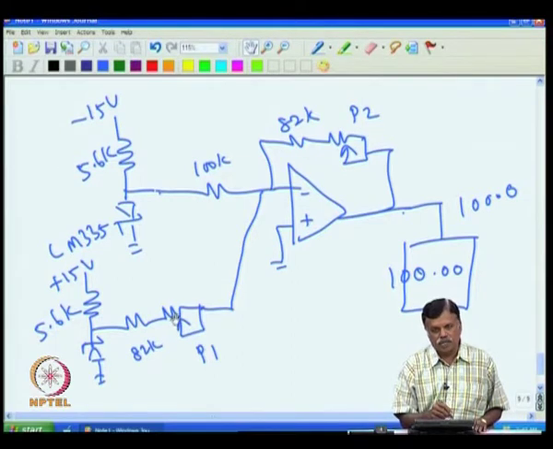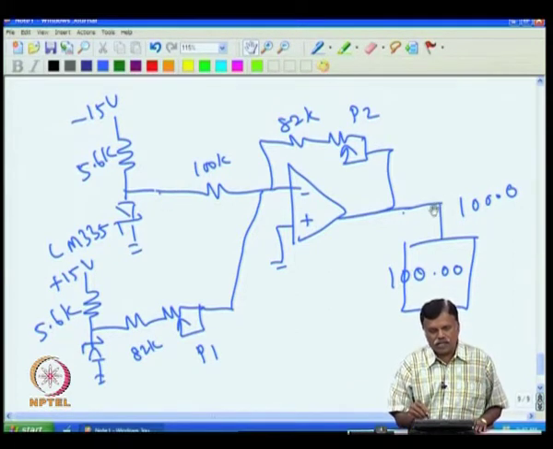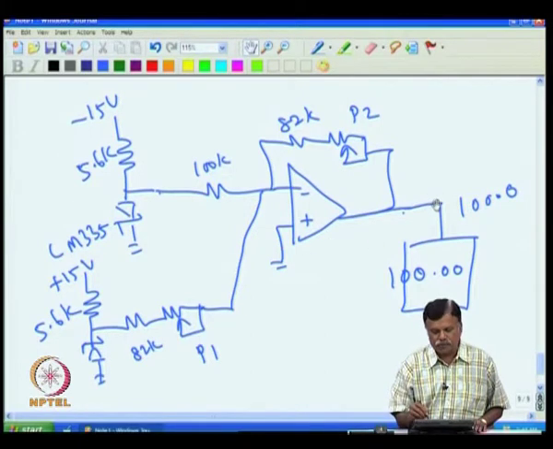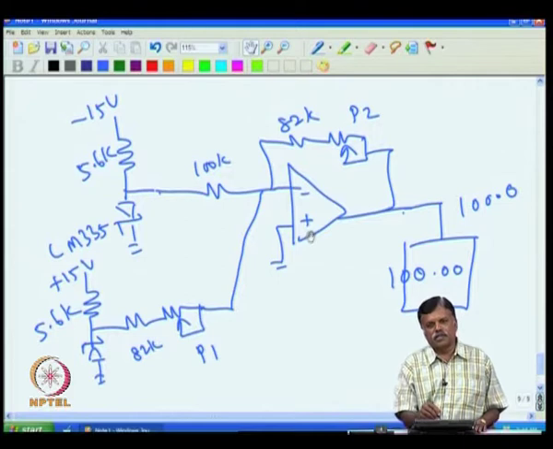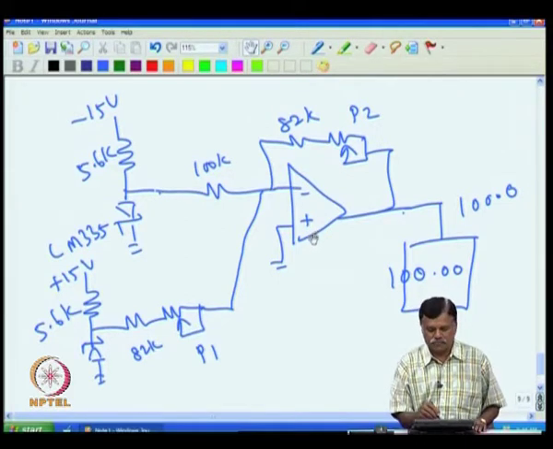All these things will make this not accurate, because this may give accurately 3.73 volt at 100 degree C, but this chap may not give all the time 100 degree C equal to 1 volt. At room temperature it may give 1 volt, at high temperature this may not give 1 volt, it may go higher or lower depending upon the components, how these components are drifting and how the operational amplifier parameters are drifting.